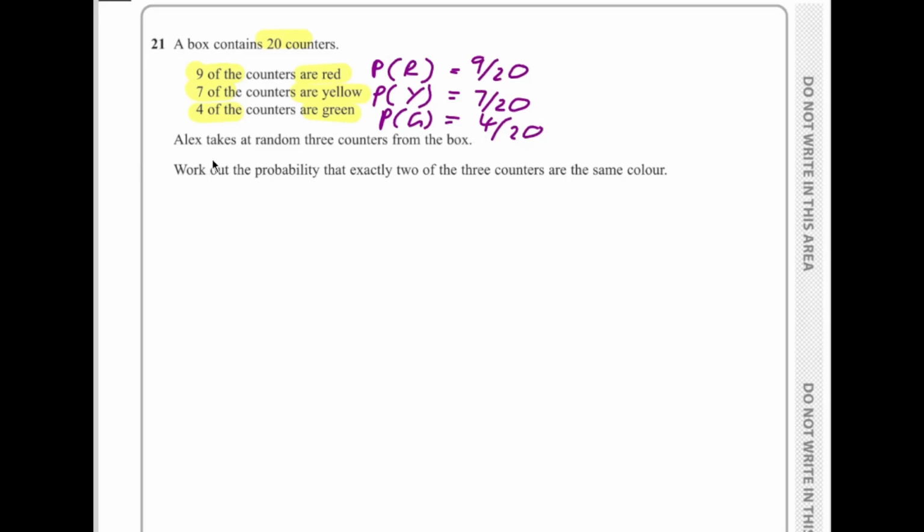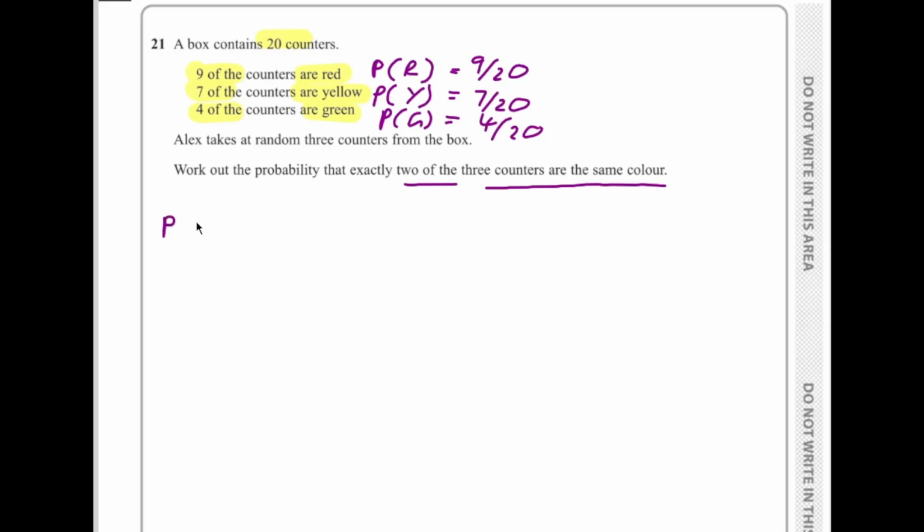So Alex takes at random 3 counters from the box. Work out the probability that exactly 2 of the 3 counters are the same color. So 2 of the 3 counters should be the same color. Let's see the possibilities that we can get.